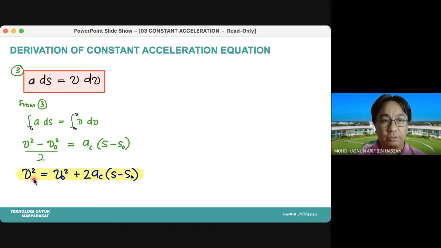This is v square, the velocity square, equal to the initial velocity v naught square plus 2 a_c, the constant acceleration, multiplied with the displacement minus initial displacement, s minus s naught.